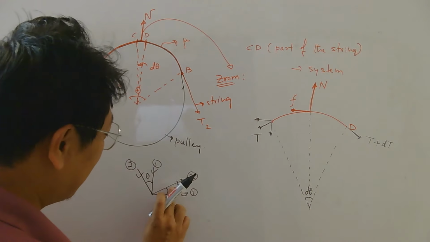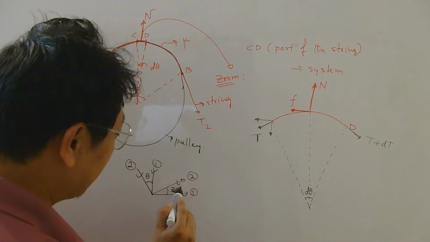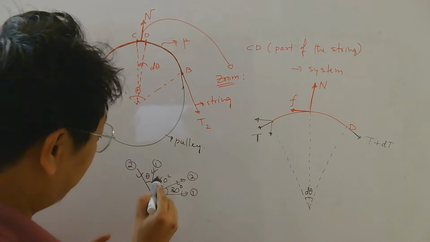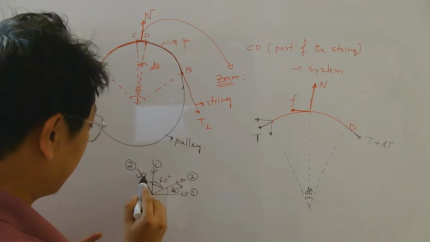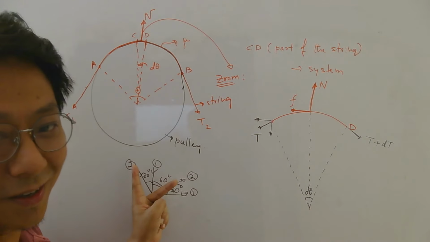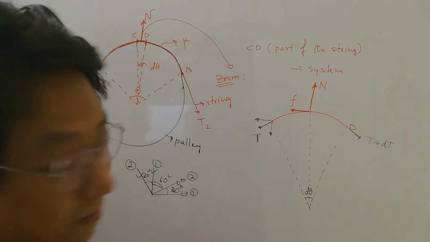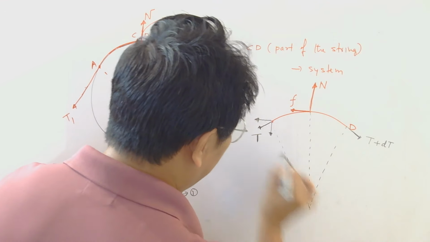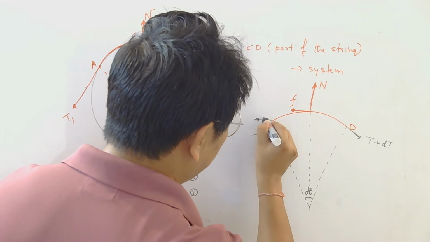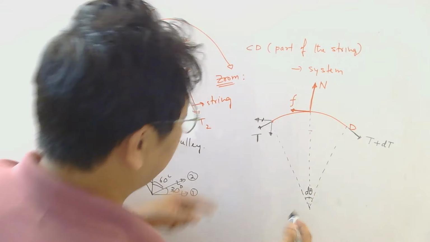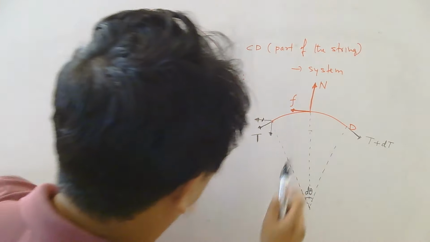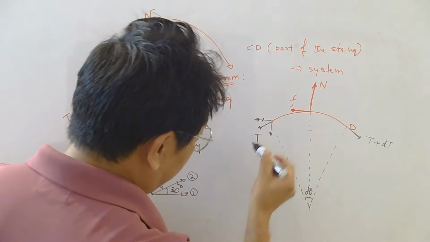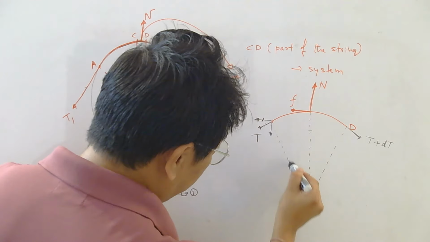One easy way to understand this is, if this is 30, this is 60, because this whole angle is 90. And if this is 60, this also should be 30, because this is also 90. So these two angles must be the same. So remember, this line is perpendicular to this line. Look very carefully. Similarly, this tangent, which is the direction of this tension, is perpendicular to this radius line.